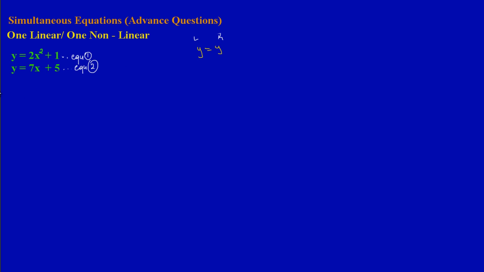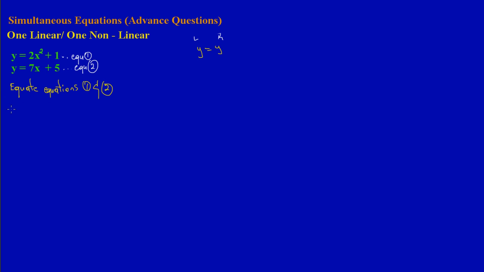So with no further ado, since I have an equation in y as the subject in equation 1, and the other in equation 2 also with y as the subject, I'm going to equate equations 1 and 2.